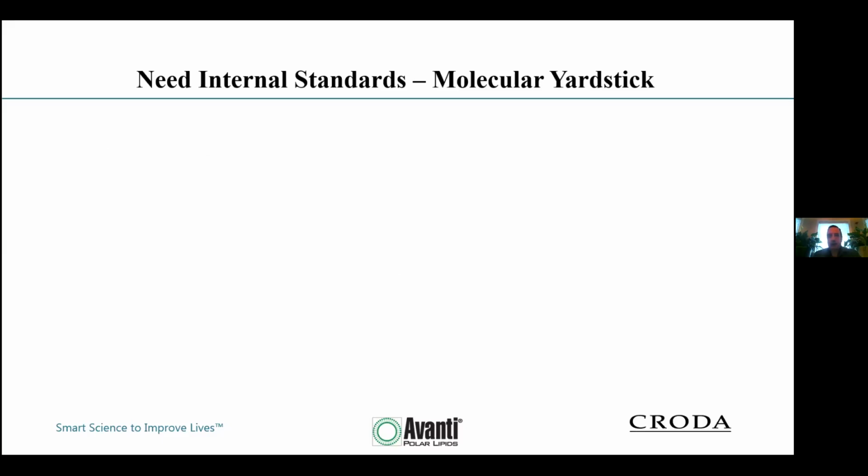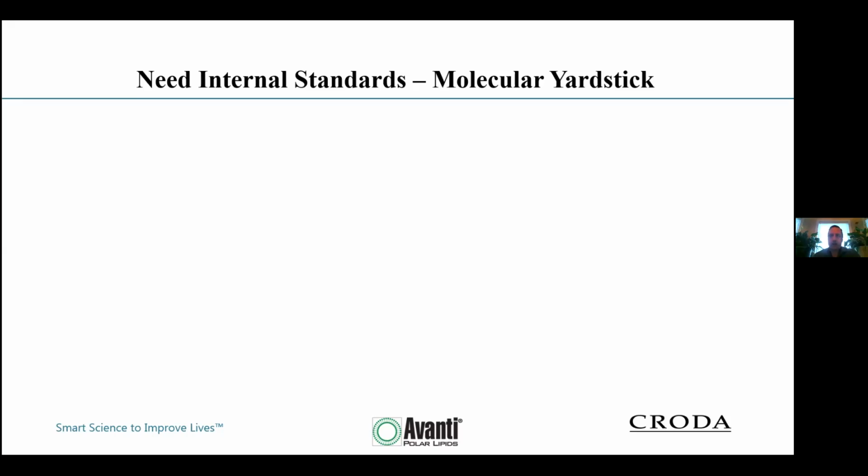Okay, and so in our discussions in LIPID MAPS, we decided that what we needed were really good internal standards, because at the time, these standards simply did not exist. Typically, a researcher would partner with a synthetic organic chemist and have that chemist make molecules for them. And so it was rather hit or miss whether or not you were really being accurate.